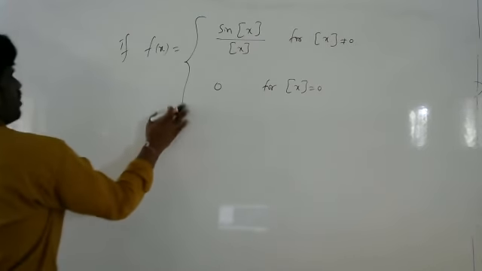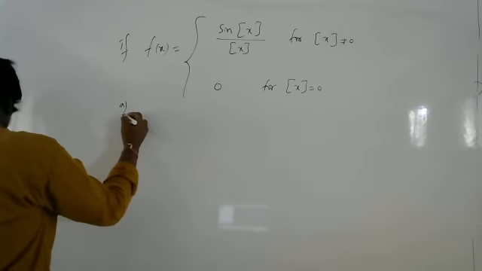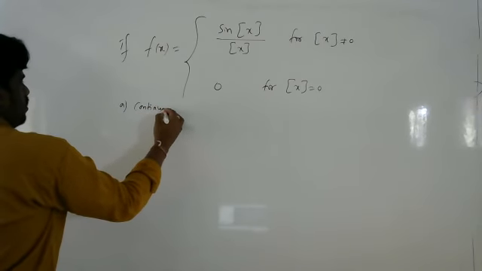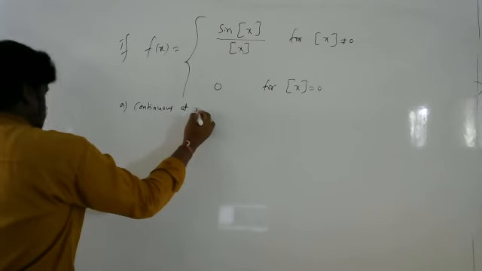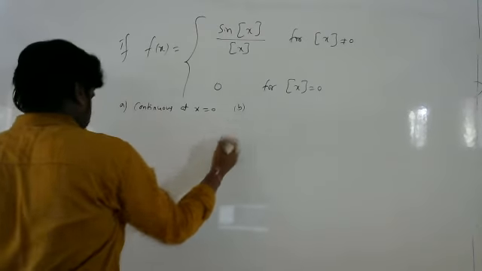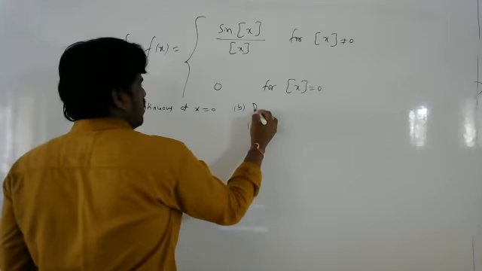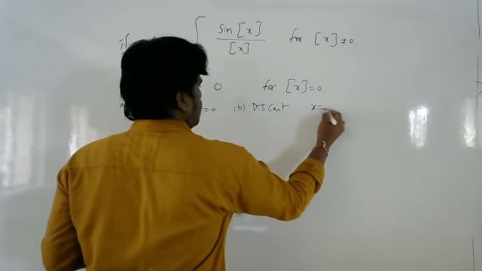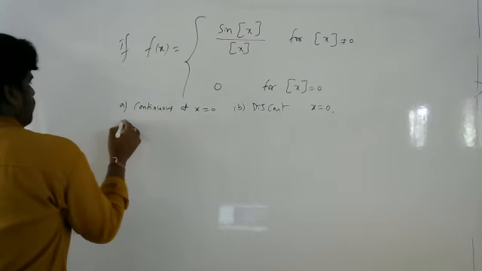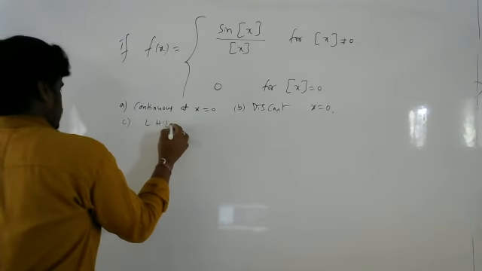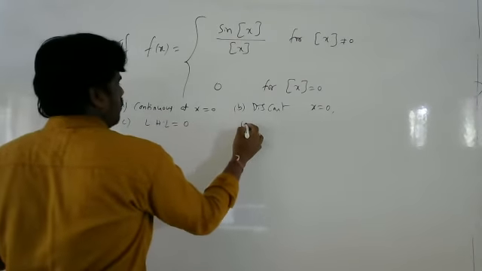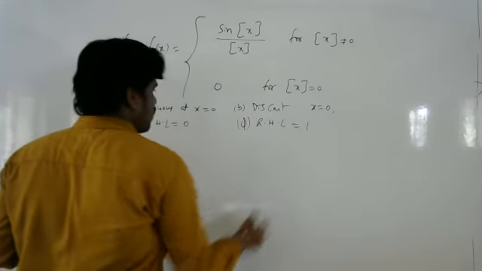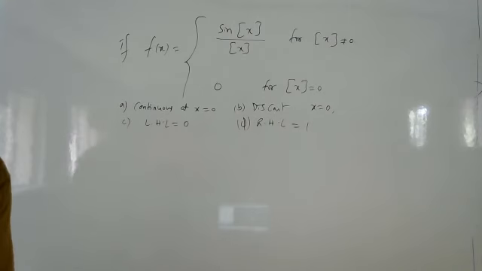Option A, continuous at x equal to 0. Option B, discontinuous at x equal to 0. Option C, LHL is equal to 0. Option D, RHL is equal to 1. So these are the options.